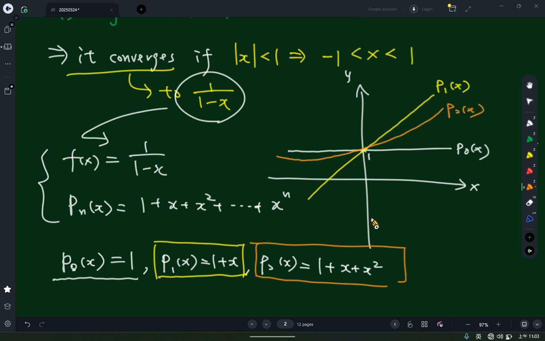As we include more terms, finally it will approach this one.